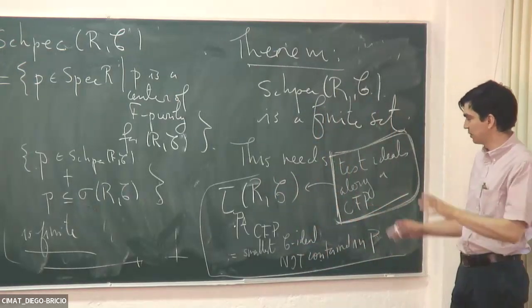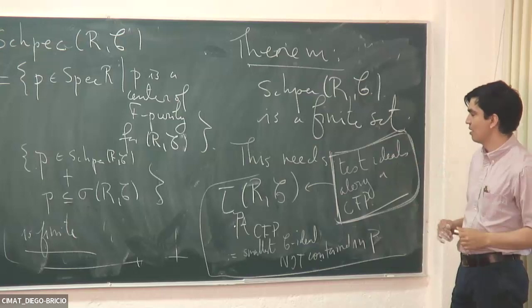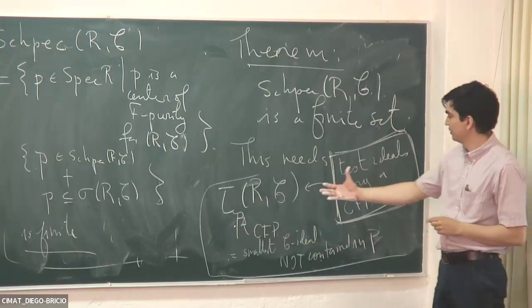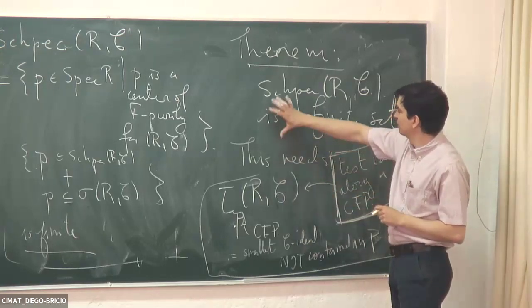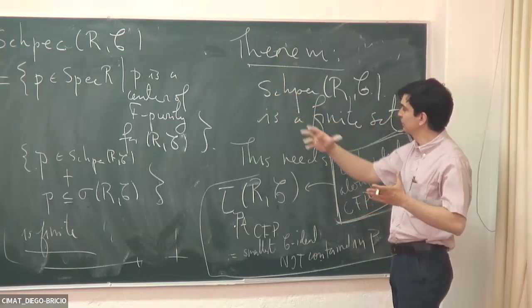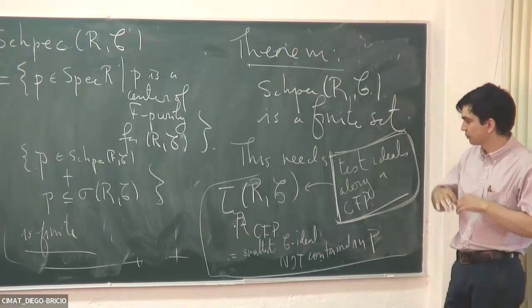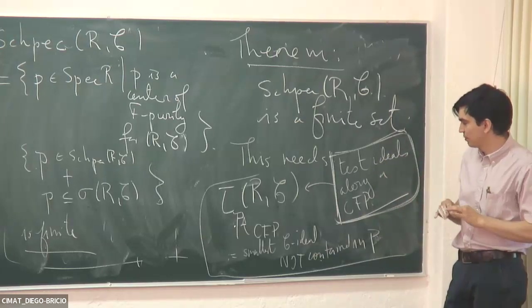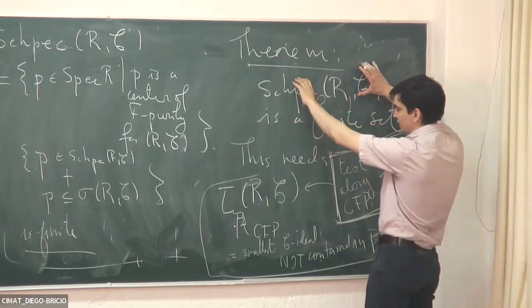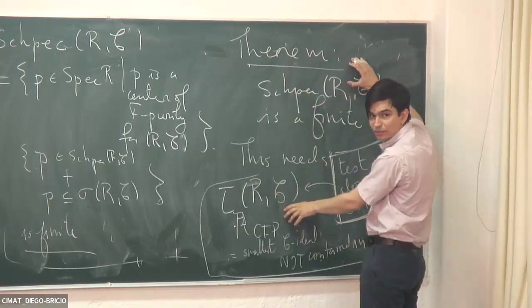That's the other object we're going to prove exists. And the existence of this is going to be equivalent to the finiteness of centers of purity. And I want to break this out because this and this give you the whole combo.